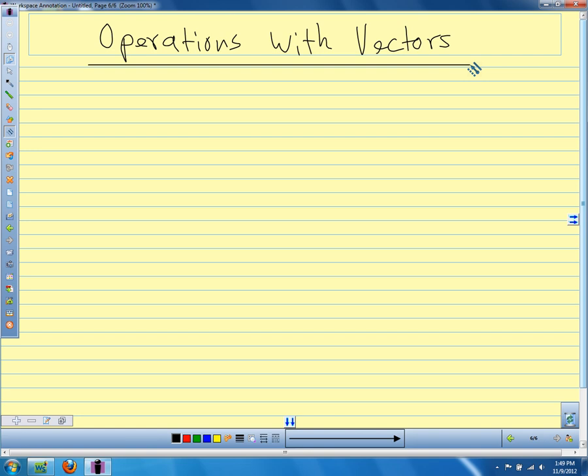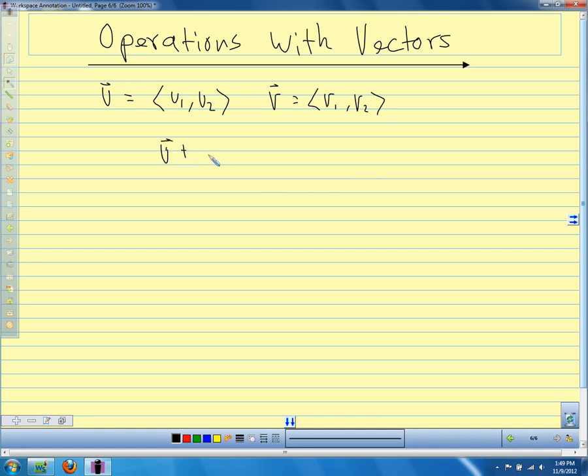If we're going to add or subtract two vectors, and that's really all we're doing with vectors in here, if u is the vector u1, u2, and v is the vector v1, v2, if I add the vectors together, u plus v, all I do is add the components.